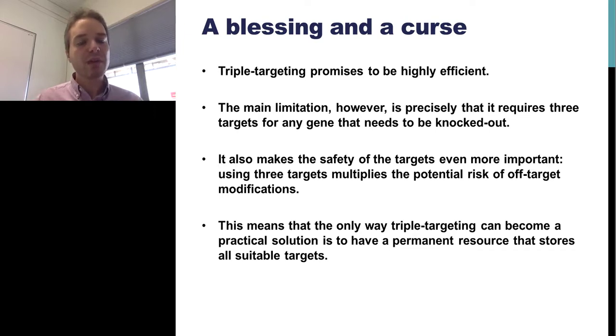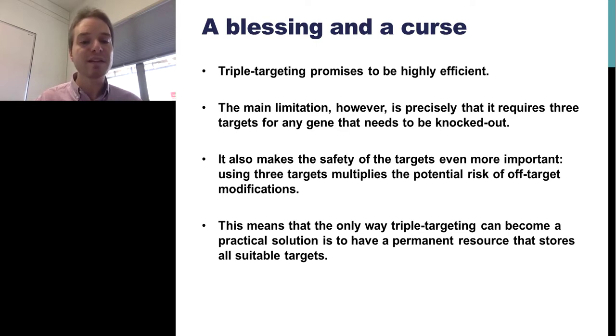The other thing that we have to remember is that we want targets that will minimize the risk of off-target modification. And of course, the more targets we use, the more likely it is that there is going to be an off-target risk. If we use 3 targets, we multiply the risk of off-target modifications as well.